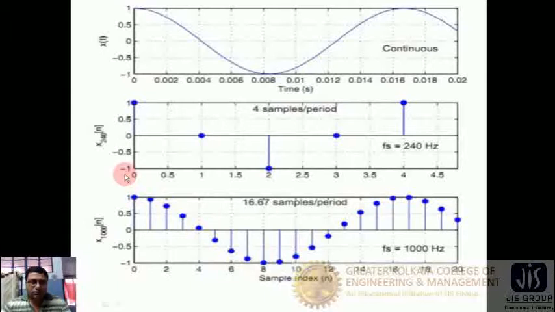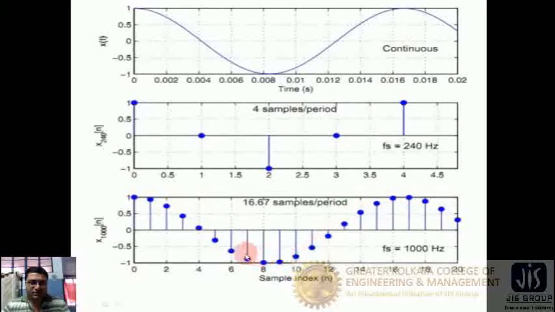So the rate of sampling has a very significant effect in the case of a discrete time signal, as we can see from this graph. You can see that if the sampling rate is higher, we can get a good resolution of the signal.